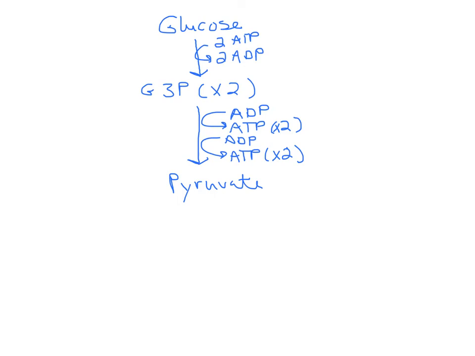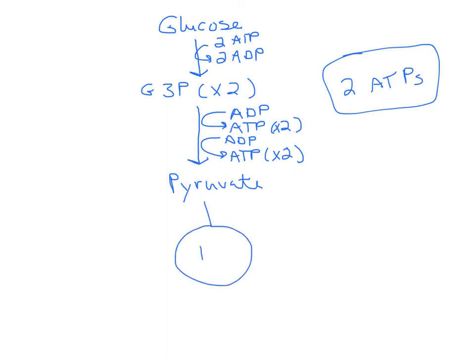So for the EMP part of the pathway, you get a total of 2 ATPs.